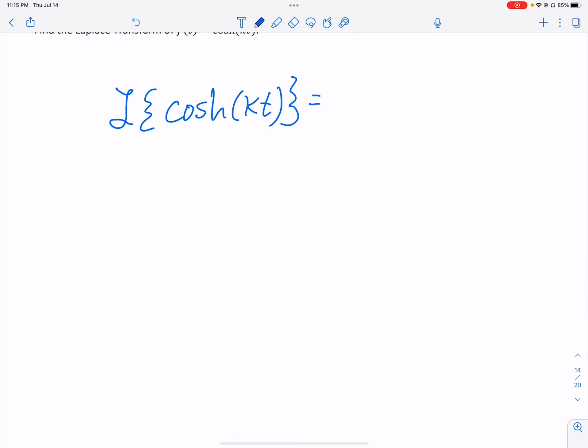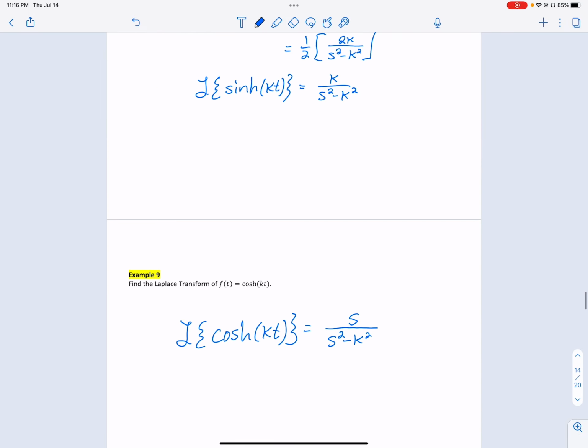This cosine one ends up being very close, but s over s squared minus k squared. So notice how similar they are. They both have s squared minus k squared. The hyperbolic sine has a k up top. That's a constant, while the hyperbolic cosine has an s on top. That's a variable. Cosine, so you can try this problem.